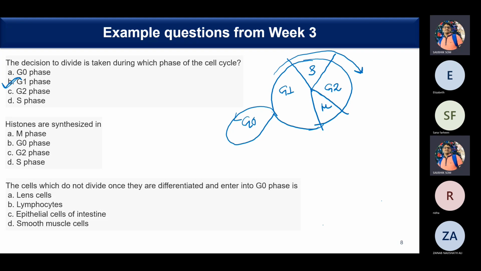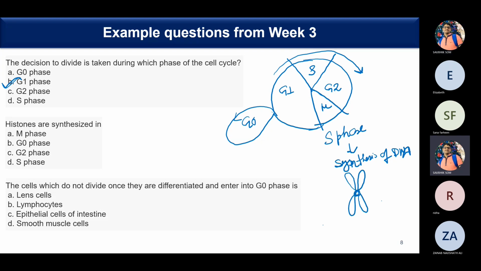Histones are mainly synthesized in the S phase, because in S phase there will be synthesis of DNA, correct? So the chromosome arms will be doubled, right? Chromosomes will look like this. How does a metaphase chromosome look, correct?